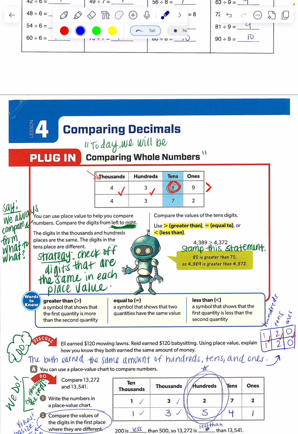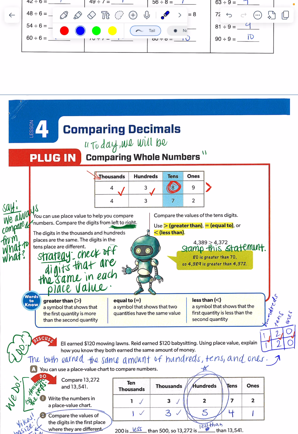So what this lets us know, because we know that 8 tens is greater than 7 tens, in other words, because we know that 80 is greater than 70, then 4,389 is greater than 4,372.